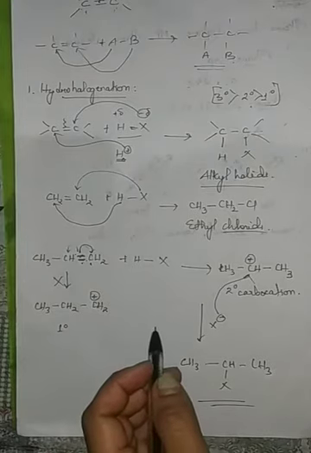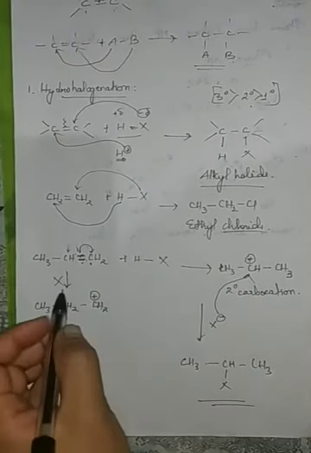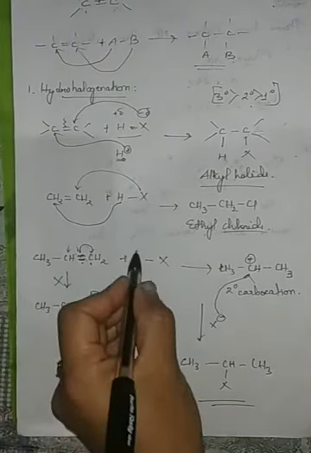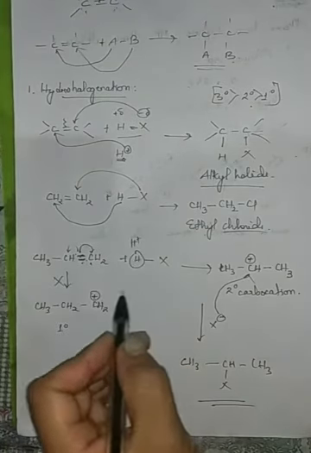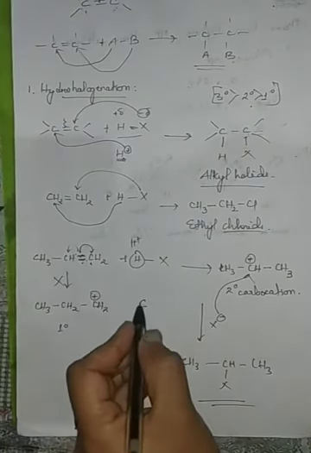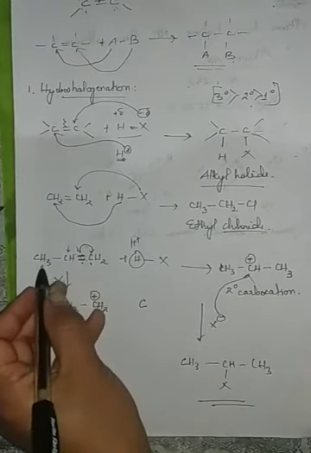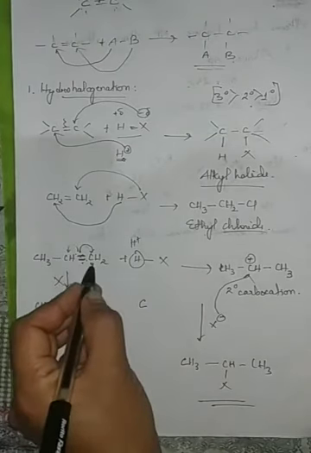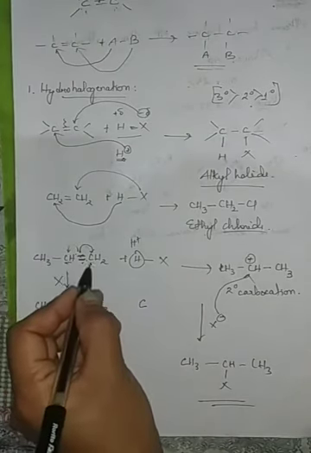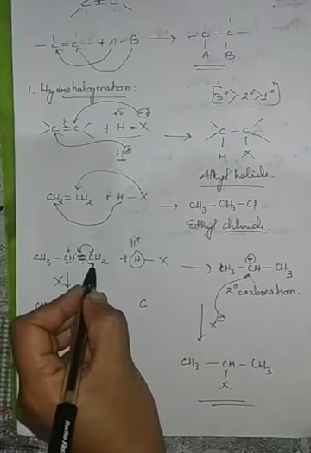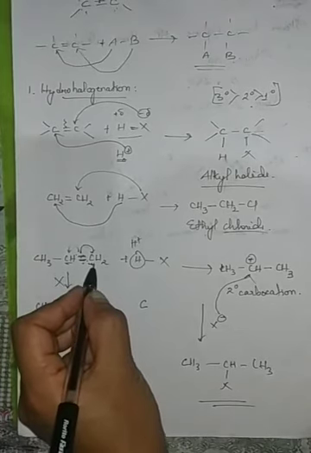Markovnikov's rule occurs in such a way that the hydrogen, the proton H plus, attaches to the carbon atom having more number of hydrogen atoms. If we consider this carbon and this carbon, which one has more hydrogen atoms?